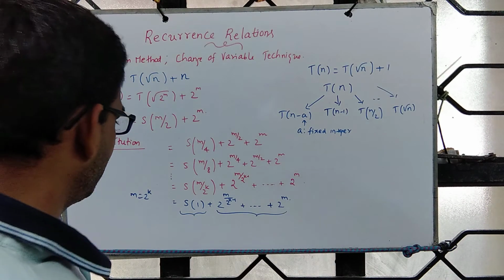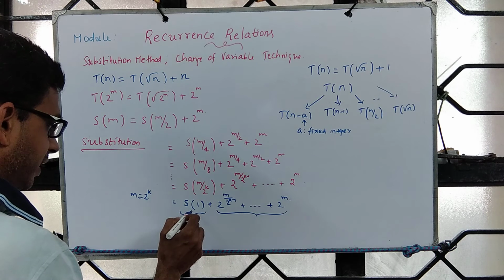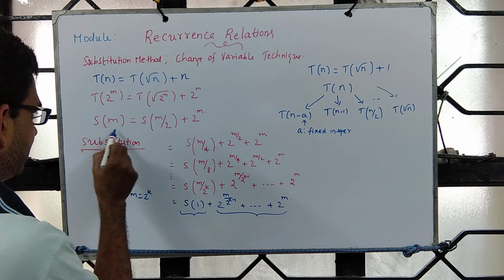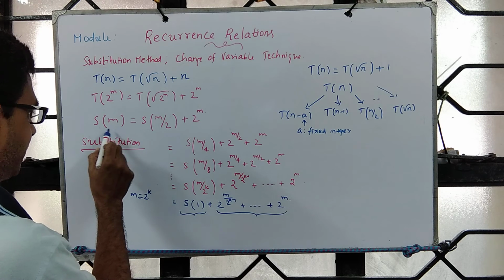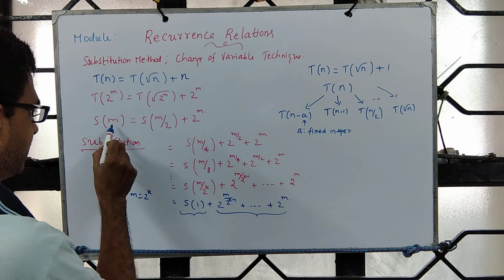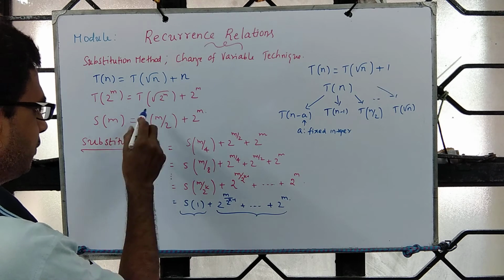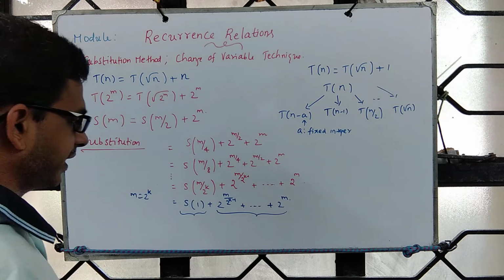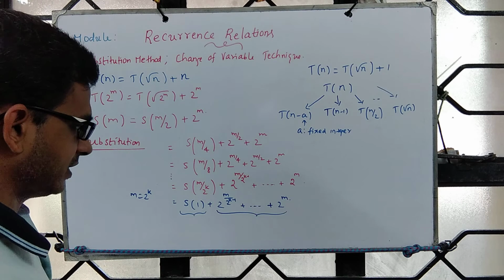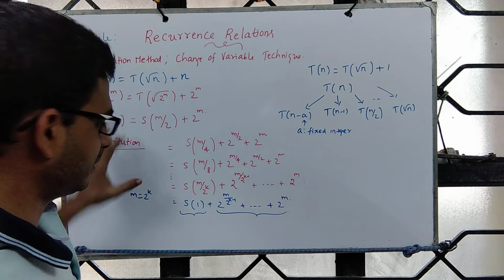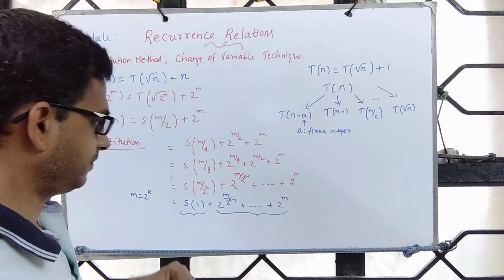So let's look at what is s of 1, which means what is the value of the function s when m is set to 1. And when m is set to 1, we know how to map it to the corresponding problem, which is expressed as a function of t. And now using these two, one can evaluate this.